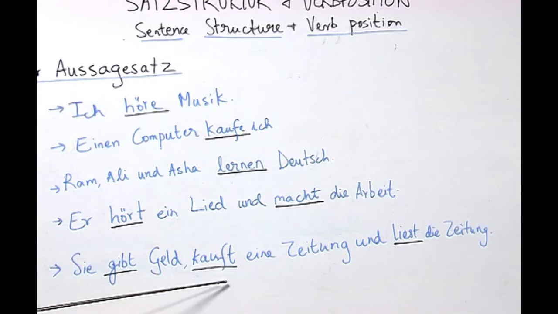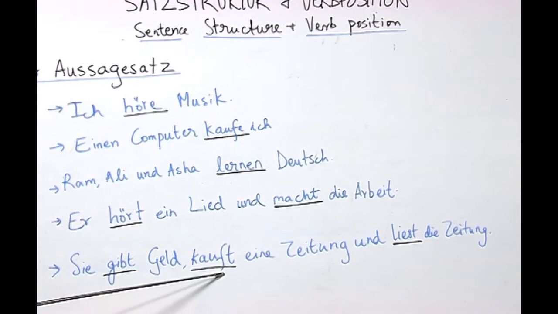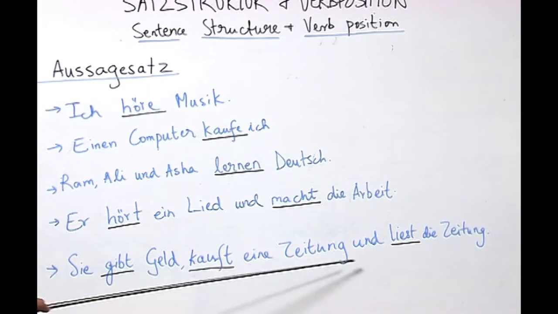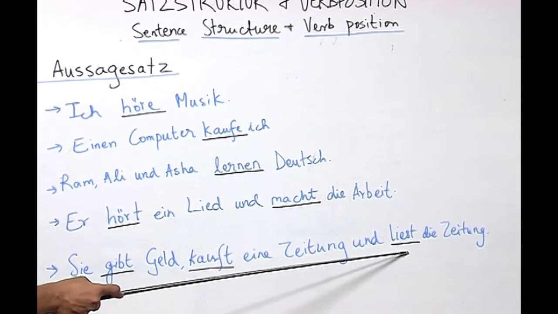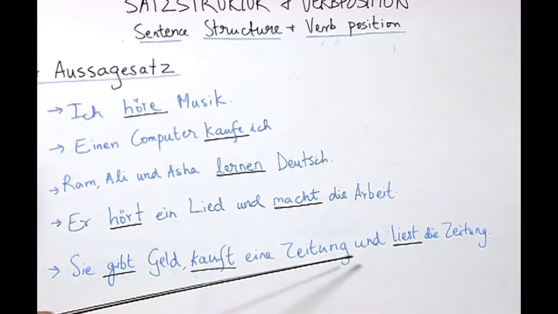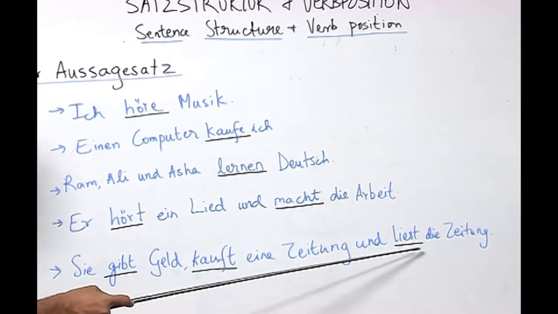Then we have another verb kauft, which is here at the fourth position, and then again we have another verb lesen, which is liest here in the seventh position.